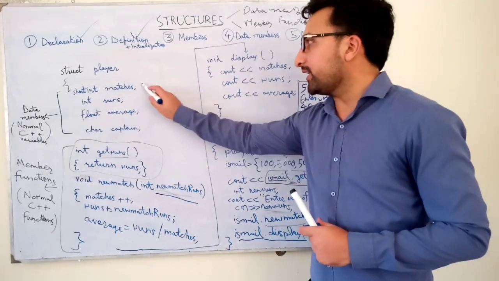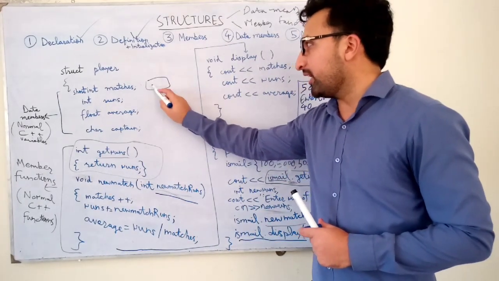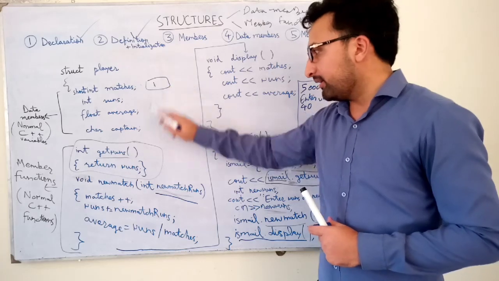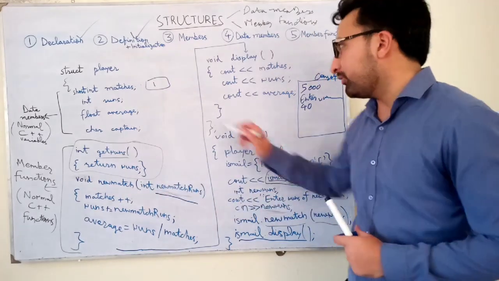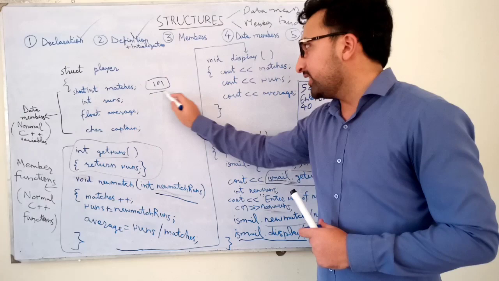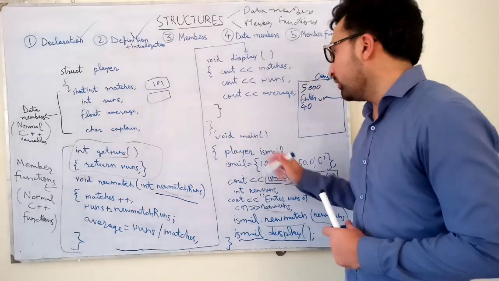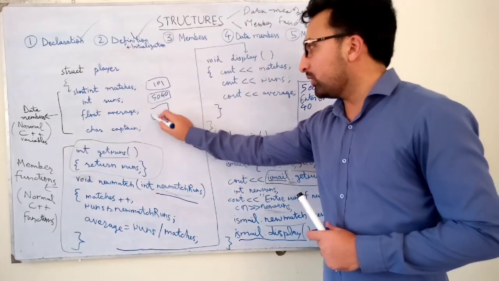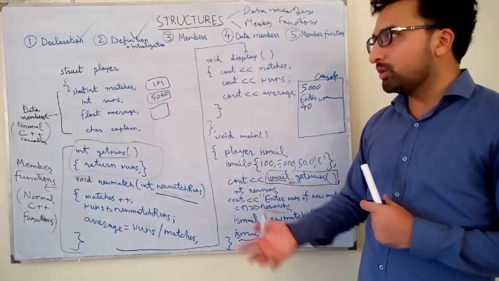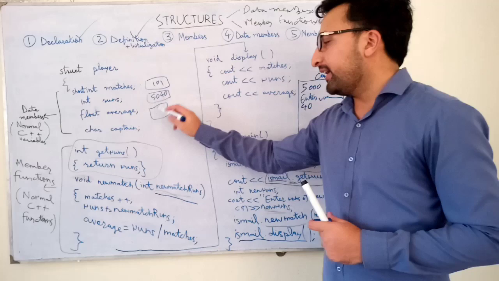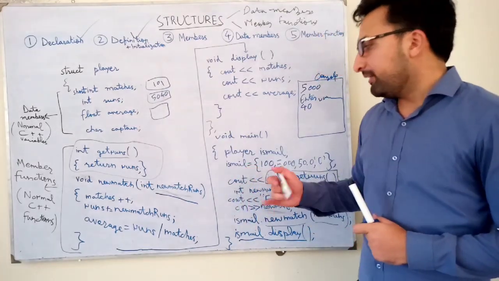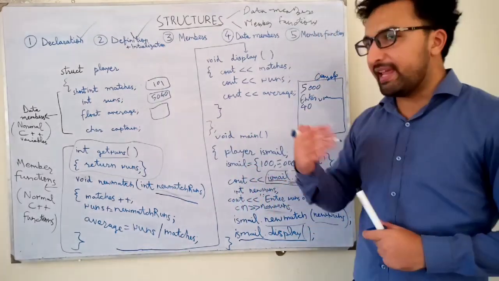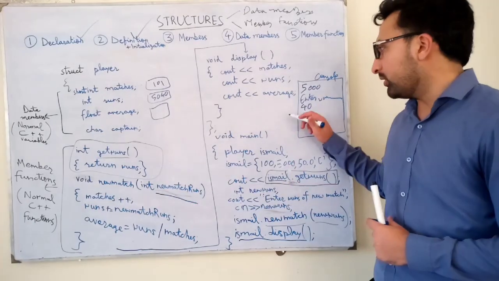So the new data held in this variable will be, it was 100 before and now it will be 101. This will now hold the value 5040, and the average will fall below 50, because I have scored less than 50 runs in this particular match.